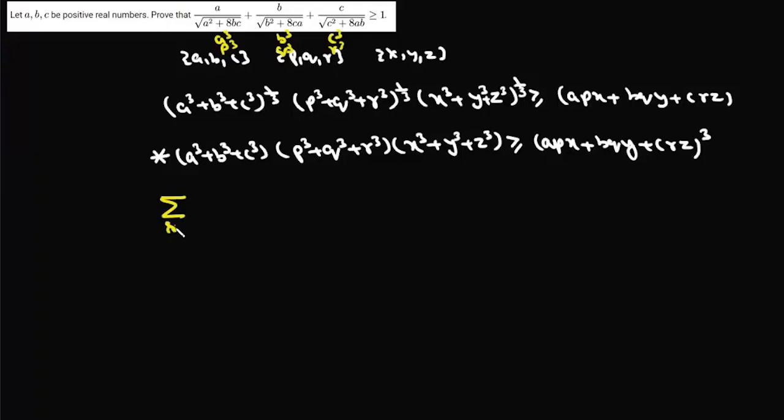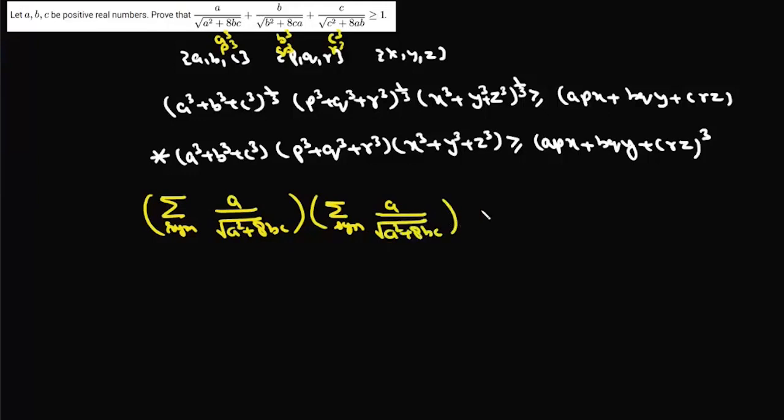this cyclic or symmetric sum A upon under root of (A square plus 8BC) into this symmetric sum A upon under root of (A square plus 8BC) into this symmetric sum of A into (A square plus 8BC), and will be greater than or equal to, now this is A cube, P cube and X cube.